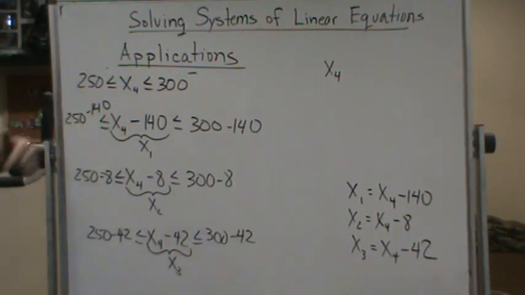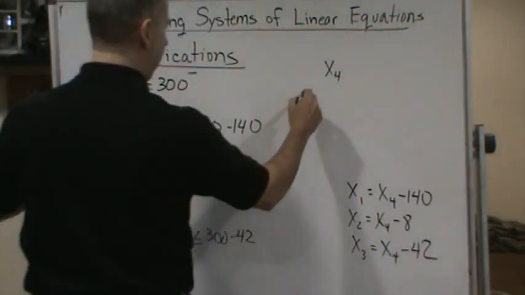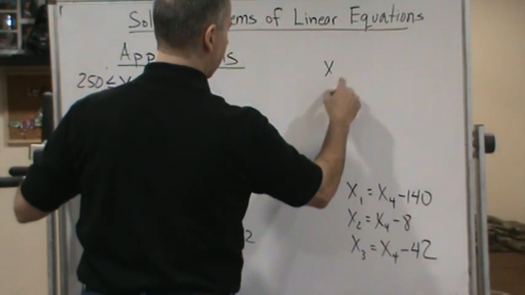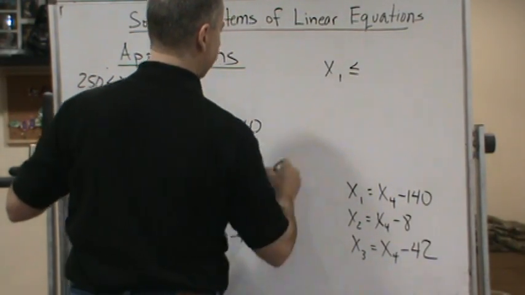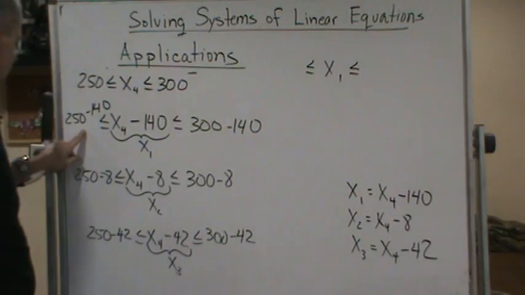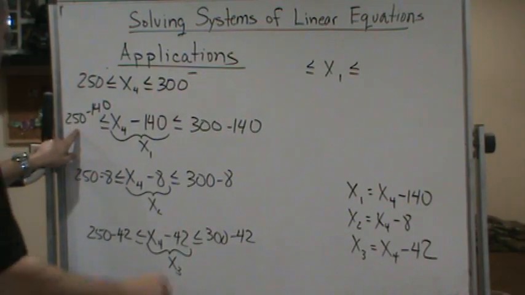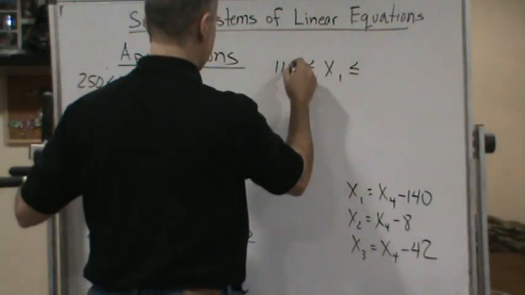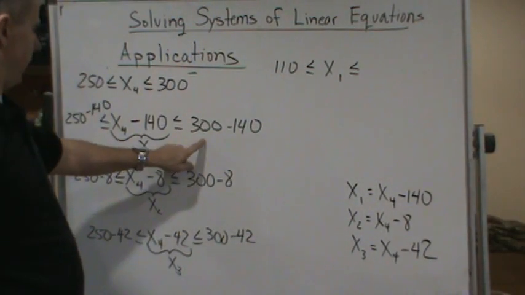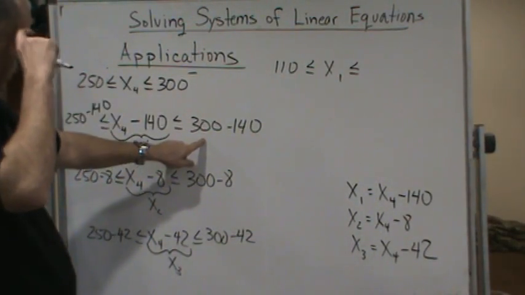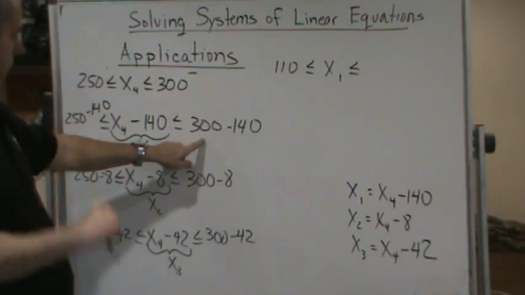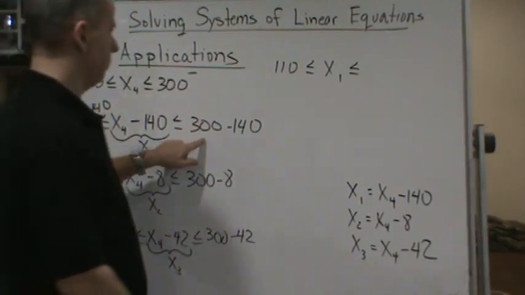And of course, simplifying this means that X1 is going to be between 110 and 160.